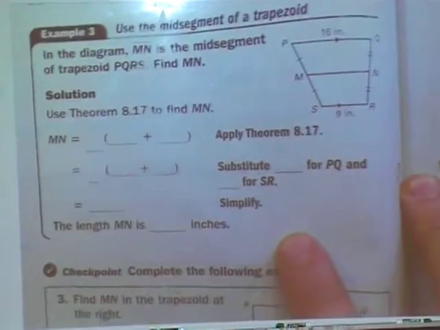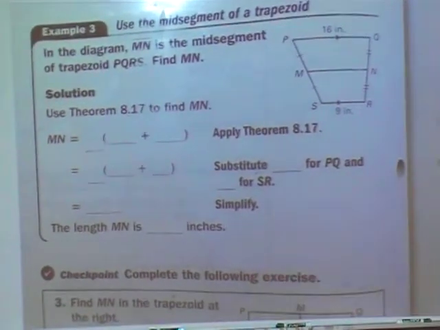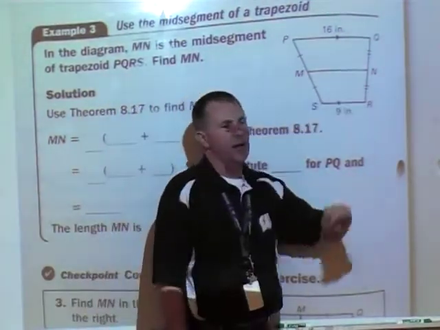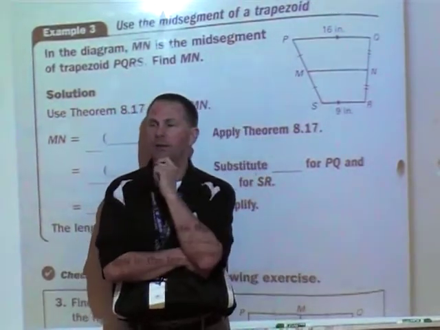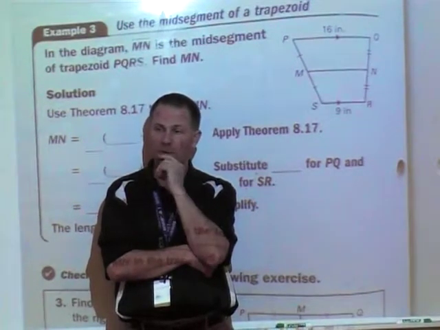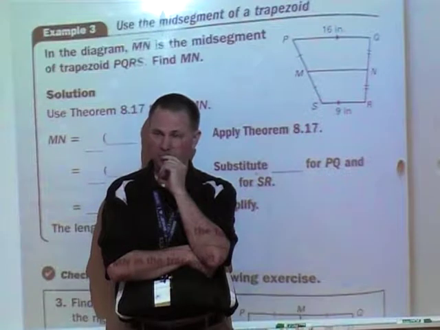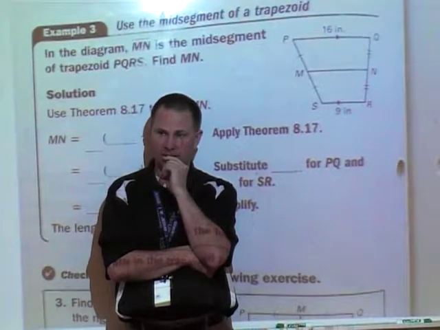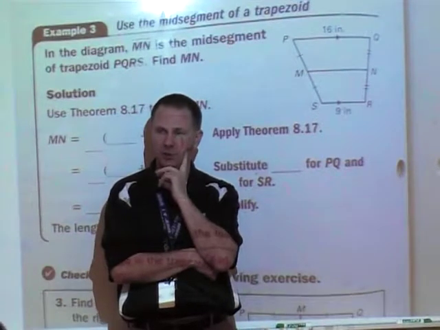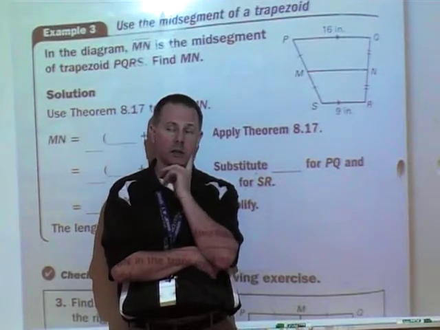Let's take a look at this. I didn't do these because I wanted you guys to answer them as well. What is the length of MN? Tell me how you figured it out. The midsegment. What did we say it was? Remember, it was almost like the area formula of the trapezoid? 16 plus 9 divided by 2.